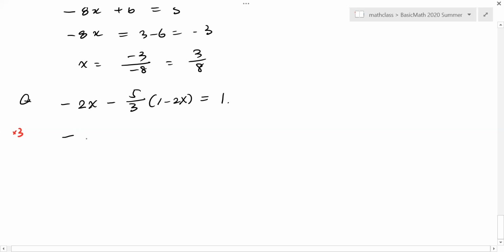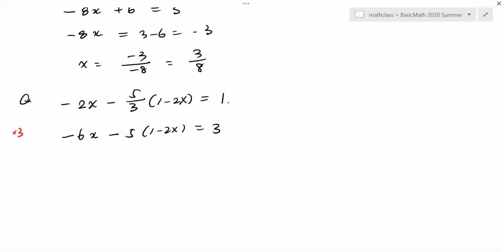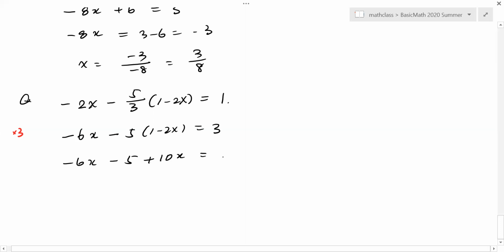Negative 2 times 3 is negative 6. And here's 5. 1 minus 2x equals 3. So every term multiplied by 3. 5 over 3 times 3 is 5. 2 times 3 is 6. Then you get rid of the fraction. Okay, so negative 2 times negative 5 times negative 2 is positive 10.